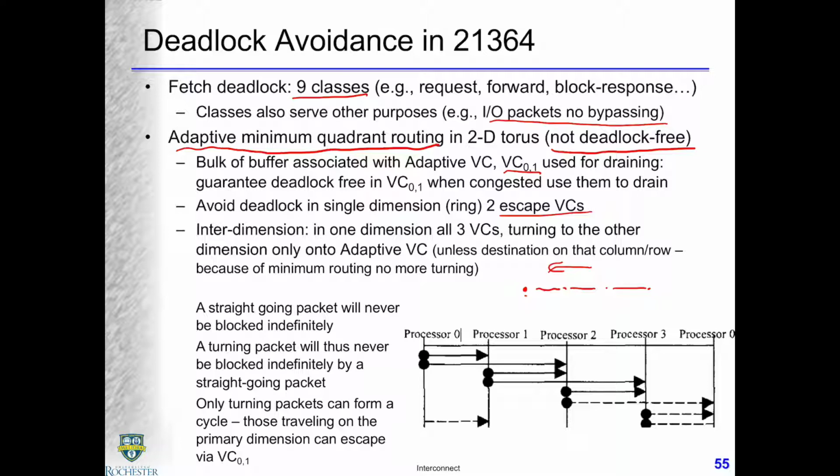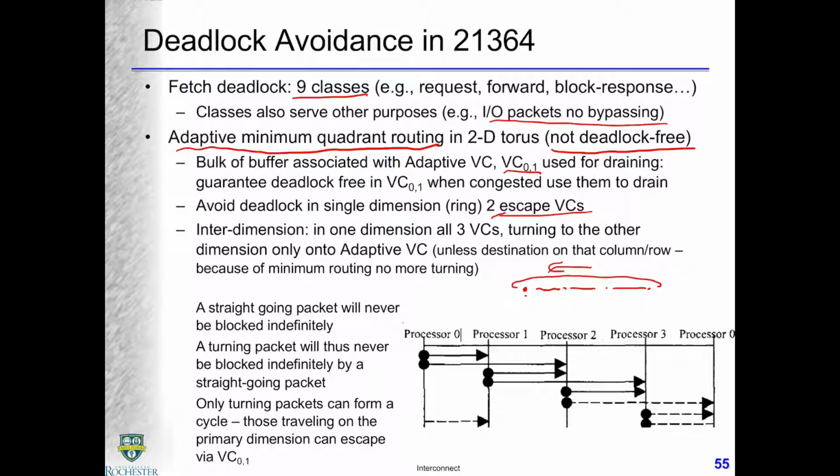You don't have to worry about it. But since we have a torus, then we can have A waiting for B, which is waiting for C, which is waiting for D, which comes back and waits for A. And they use 2 escape VCs. This is how they choose to do that.